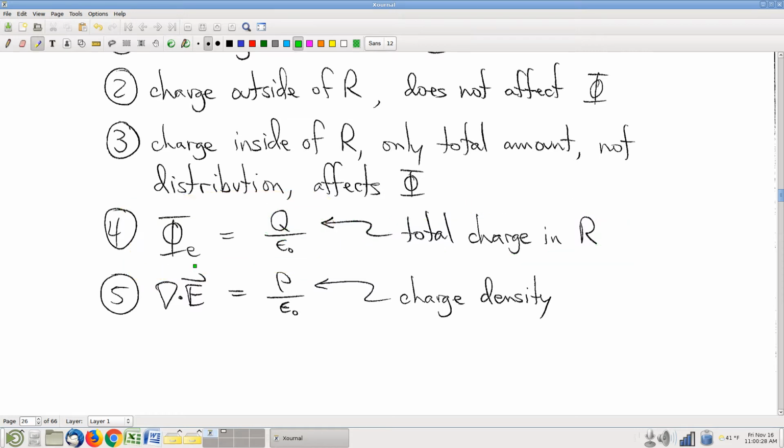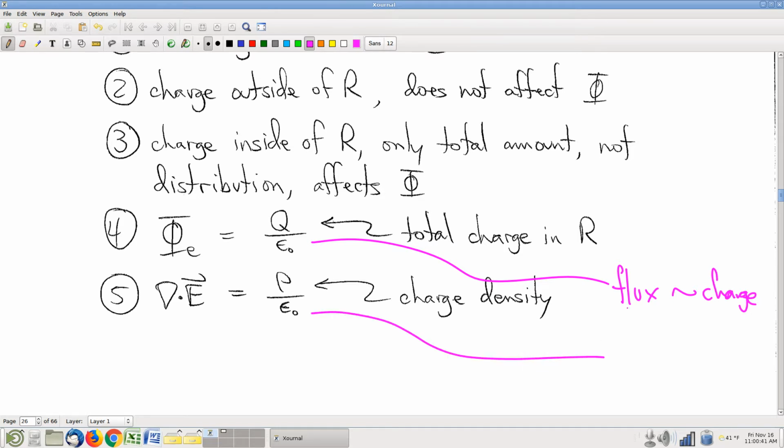And likewise, if flux, let's see here. So if this says flux is proportional to charge, right? Then along the same lines, flux density, divergence, proportional to charge density.